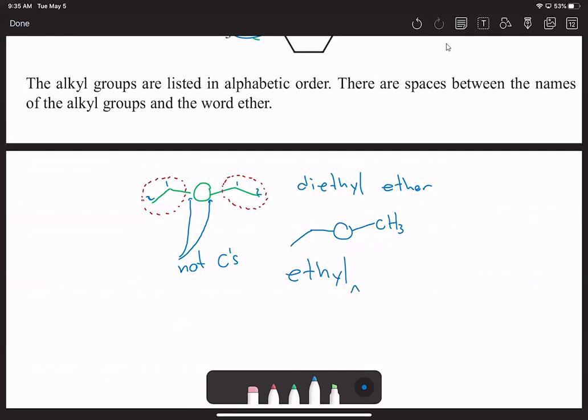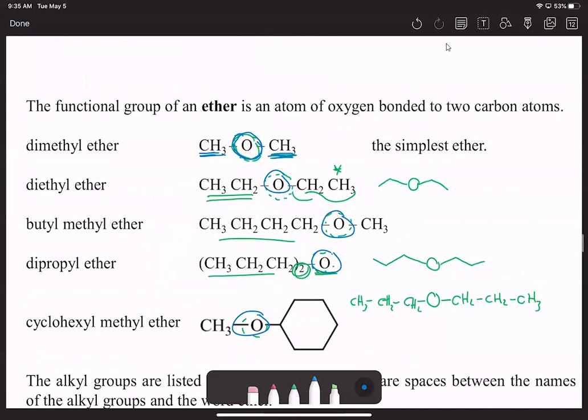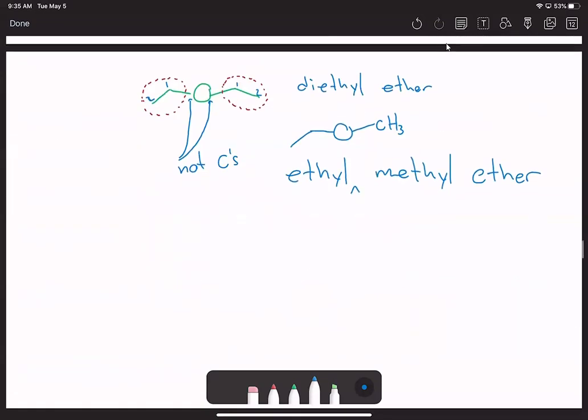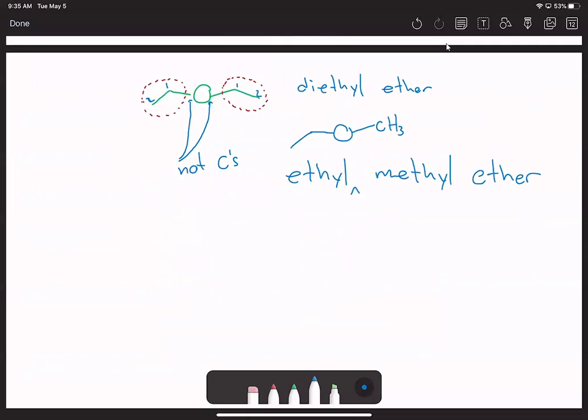And I'm going to write methyl. And then I'm going to add another space. And I'm going to write ether. So we have ethyl methyl ether. And we'll notice that we have spaces between all of those. They're not meshed into one word. So there's ethyl, methyl, ether. How about this one here?